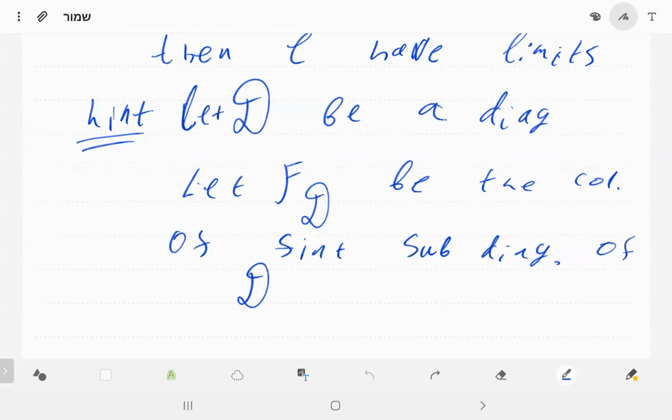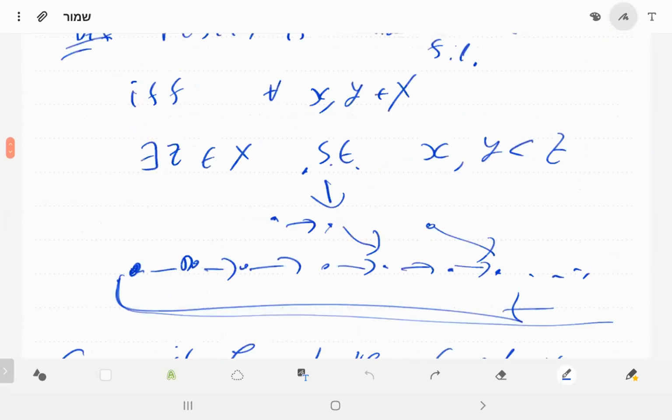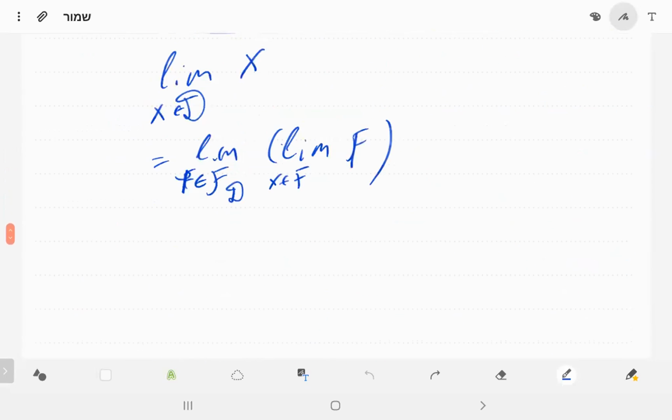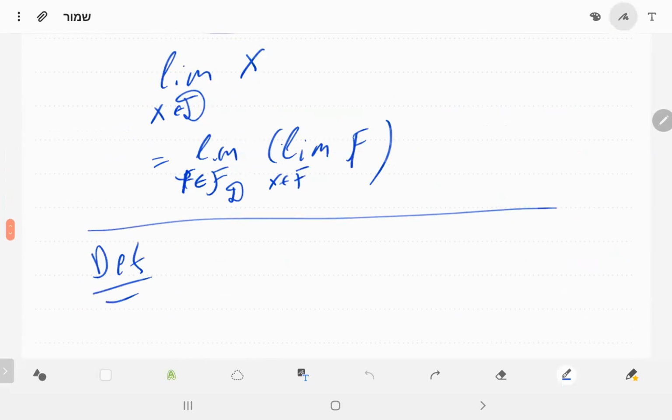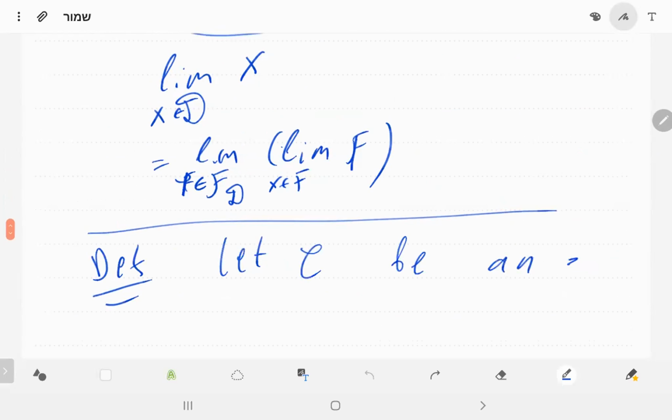Okay, let me see what is the next topic I wanted to recall. Last time I mentioned the notion of extension. It's a very nice notion in abelian categories. So in an abelian category, we have the notion of exact sequence. Definition: let C be an abelian category.